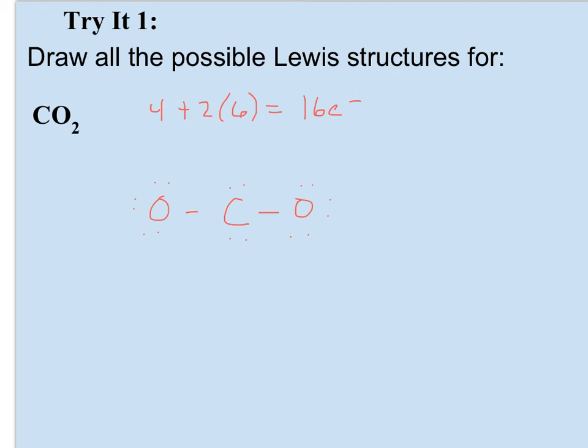And when I count up, I've used 2, 4, 6, 8, 10, 12, 14, 16, 18, 20 electrons. So I'm short 4 electrons, which lets me know I need a double bond on each side, which means I can lose a lone pair from oxygen and the carbon and from the other oxygen and carbon. Since they're both double bonds, there is no resonance. This is the only possible structure, a double bond on each side.